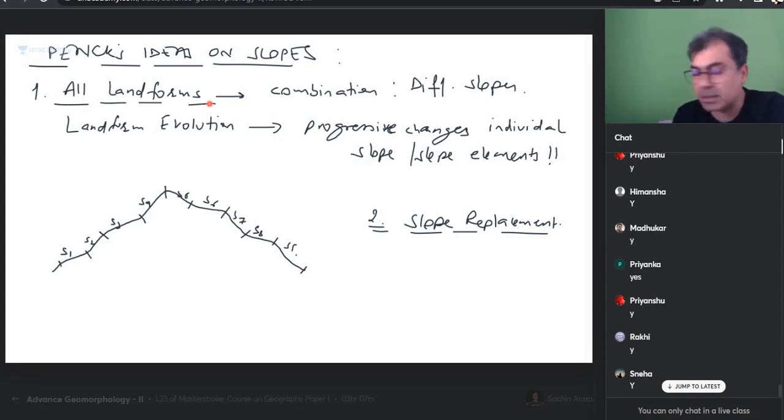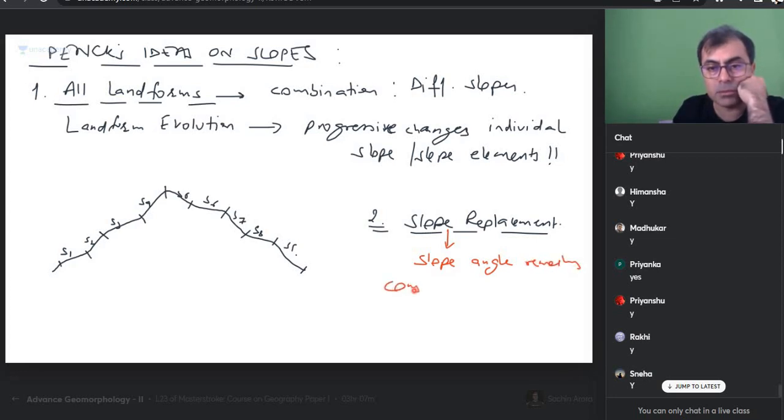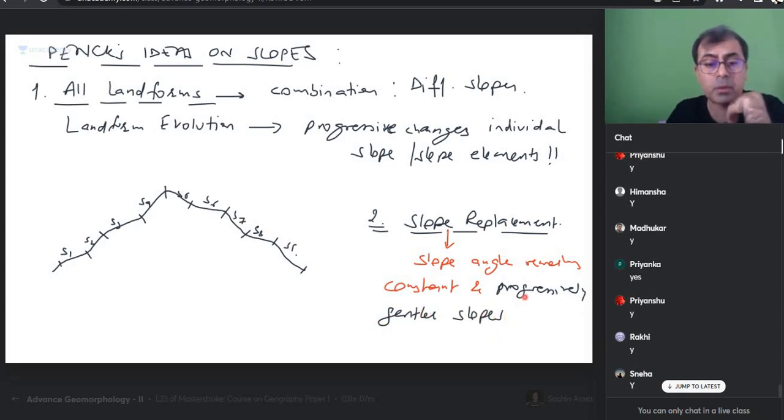Penck suggested that the landform evolution happens in progressive stages where slope angle remains constant and progressively gentler slopes replace the steeper ones.